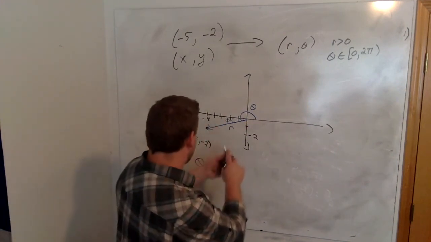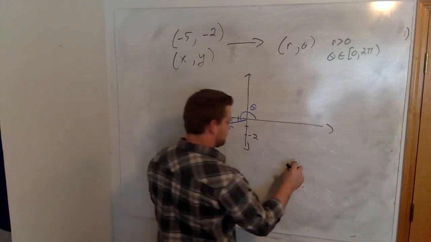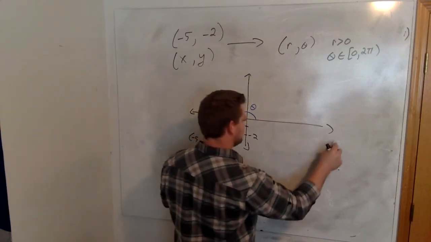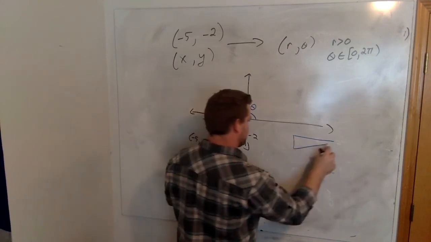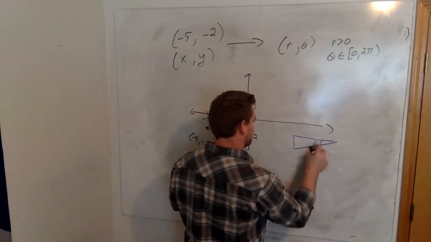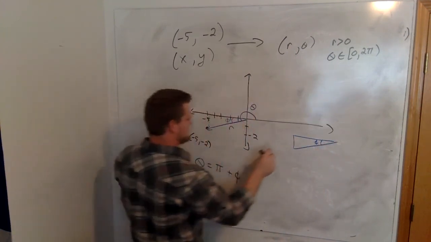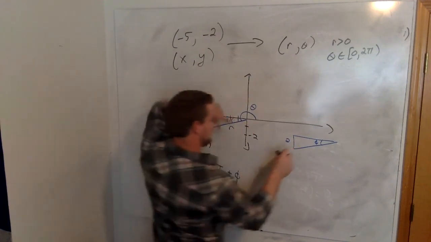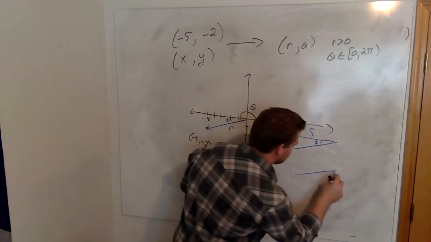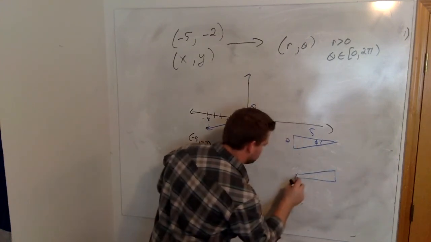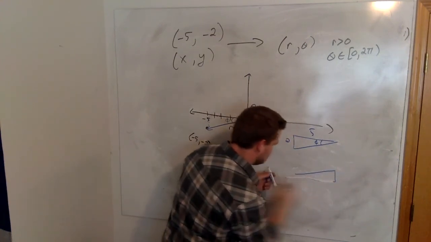Okay, so let's draw this triangle. If I roughly draw this triangle, this here is phi. This physical length here is 2. This physical length here is 5. If you want, we could rotate the triangle.